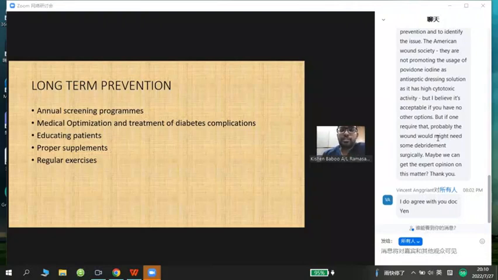Like I said earlier, you can use HbA1c as a control to see how good your optimization is, and also regular checkups so that patients are given the best, most optimized medications, and also educating patients on their disease, what the side effects of the disease are, what can occur, what they should be expecting if it occurs, and when to meet a healthcare worker when you have certain issues, and also proper supplements and regular exercise.